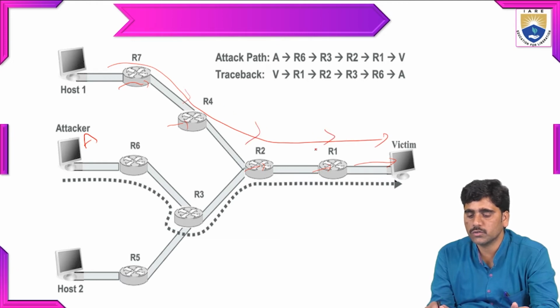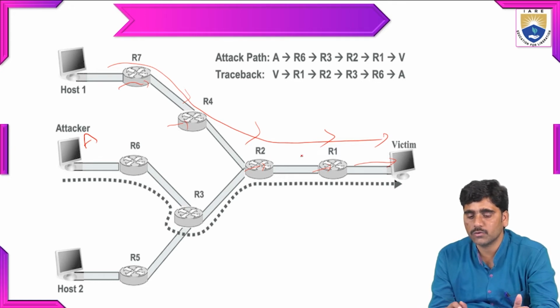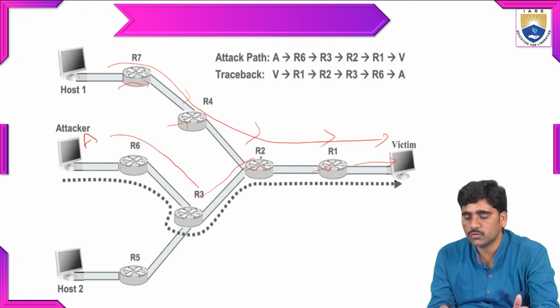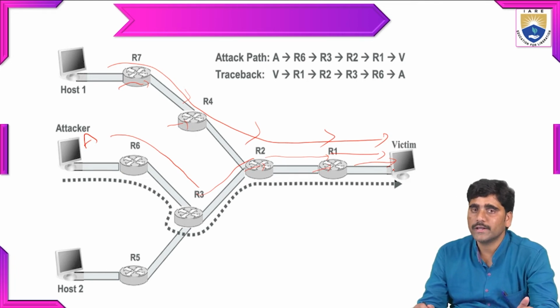The user is going to use the server in this path, but the attacker can attack in the middle of the routing. He can use the attacking path like A to router 6, router 6 to router 3, router 3 to router 2, router 2 to router 1 to the server. So the traceback mechanism applies here, in two ways, reactive as well as proactive.